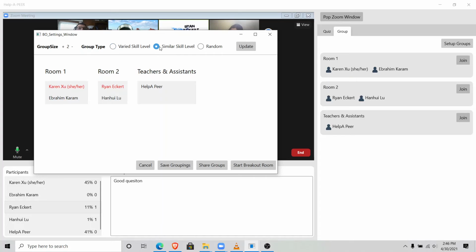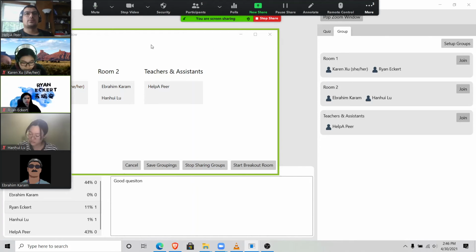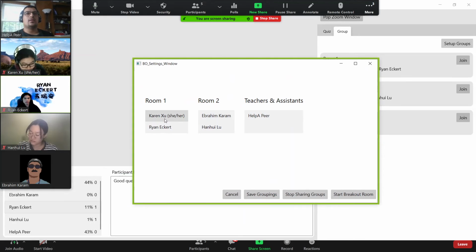Let's say we want to group them based on similar skill levels, so you put all the weak ones together. This will put Karen and Ryan together, and me and Lou in a different group. And whenever we're ready, we can share those groups with the class, and they wouldn't know how they were paired, and they wouldn't even know what their skill set is supposed to be according to the system.